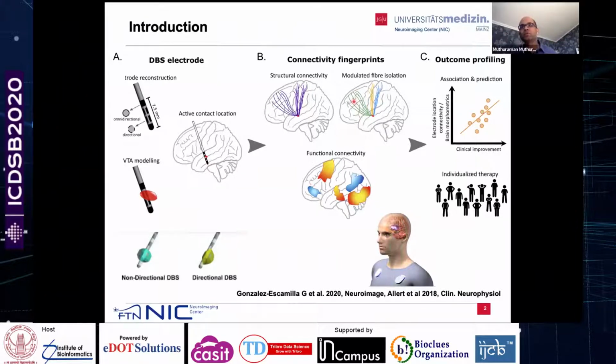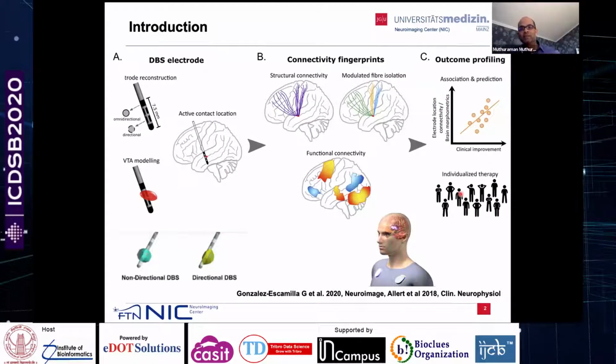In the case of structural connectivity, we can isolate these running fibers from where we are stimulating to other regions in the brain. And using these fingerprints, we can associate them to, let's say, the voltage, how much we are stimulating, or any type of clinical score, how bad they are in this disease. We can either do an association or a prediction, so that at the end we give an individualized therapy to each of these patients.